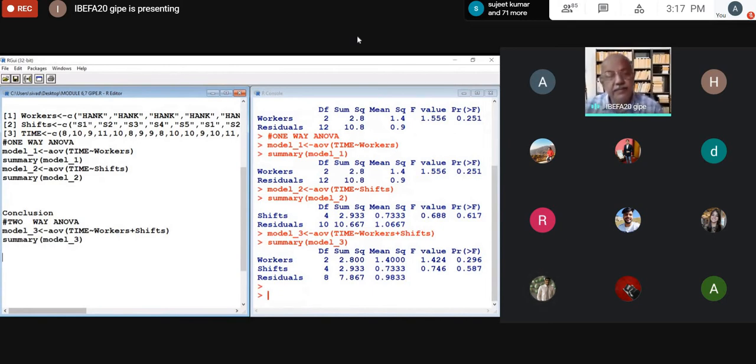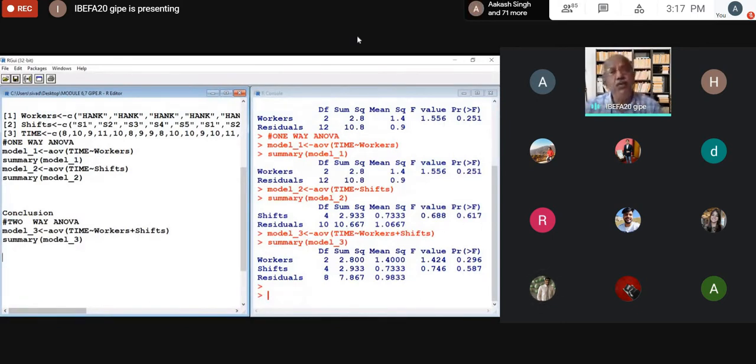Sir, how do we interpret this last model 3 result with reference to the hypothesis? Yeah. Suppose if I want to do the hypothesis only one, then I can apply one-way ANOVA. Is that clear? Yes, sir.